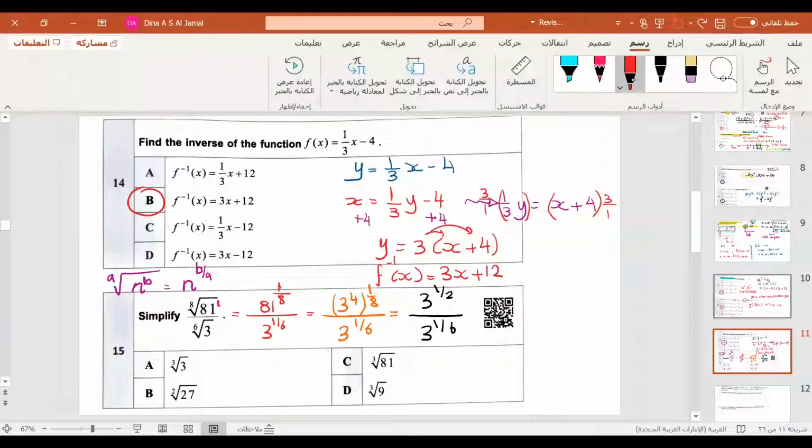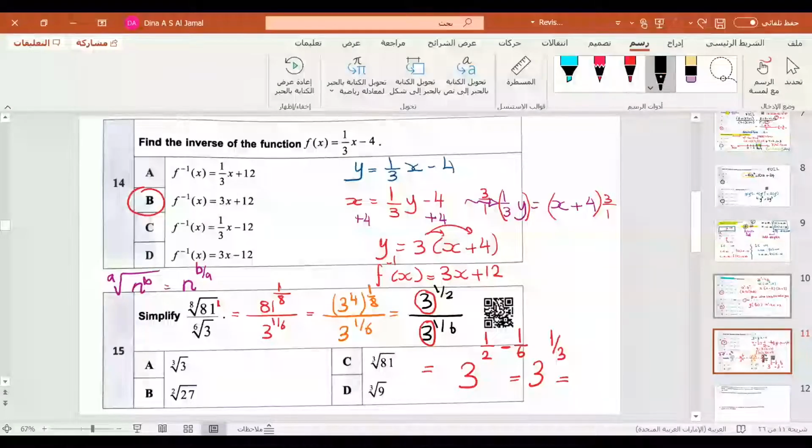Now you are having subtraction of the powers because the base is the same. That means 3 to the power of half minus 1 over 6. And this will be 3 to the power of 1 over 3.